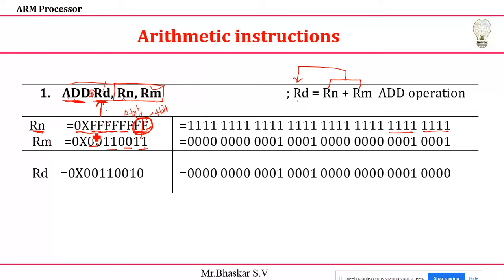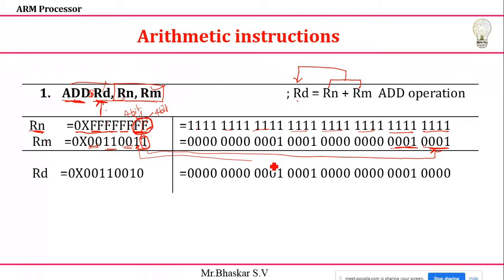Everything I'm taking is 15, FF, right? So that's why I'm going to write 1111. Next I'm going to split this part, you can see 00 11 00 11. This one I need to represent in terms of a nibble, 4 bits: 0001. Similarly the next one is also 0001.